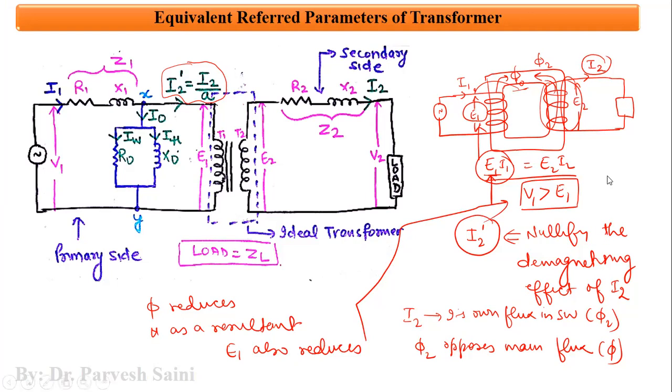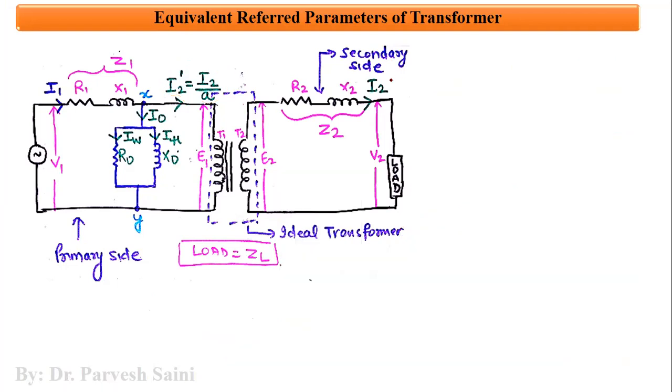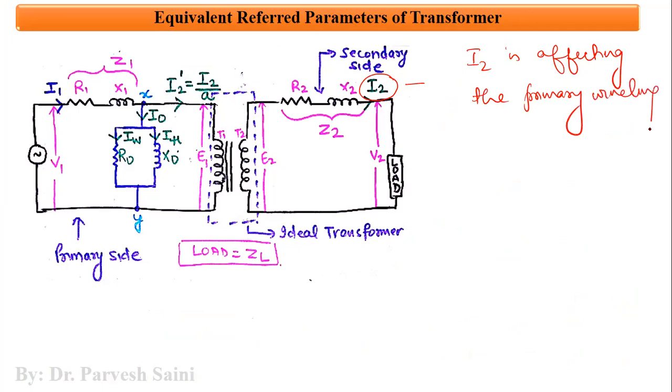Now what I want you to understand here is that the secondary current I2 is affecting the primary winding operation, right? So that means all these parameters have their effect on either side.